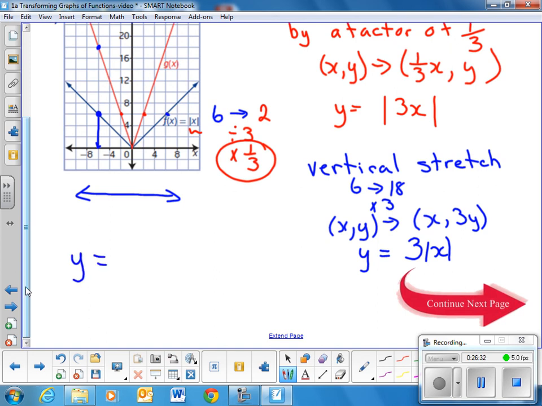If we compare y equals the absolute value of 3x with y equals 3 absolute value x, 3 is always going to be positive, so these two equations are actually equivalent. Both of them can be written as y equals 3 absolute value x or y equals the absolute value of 3x.